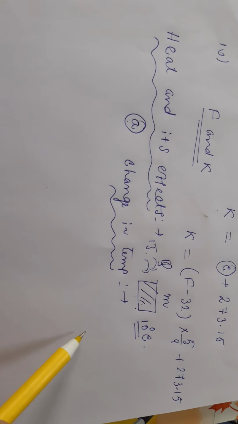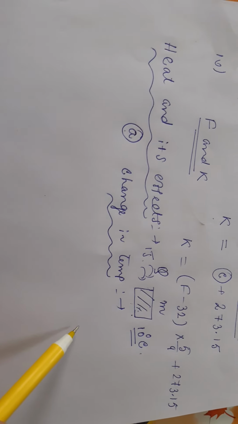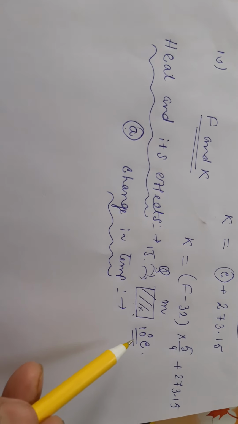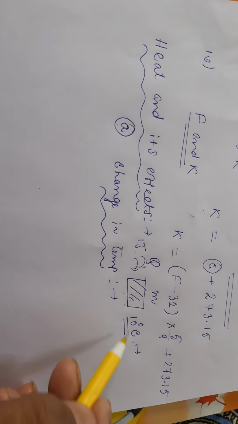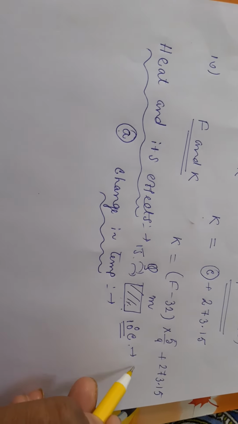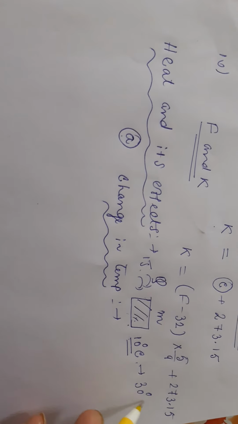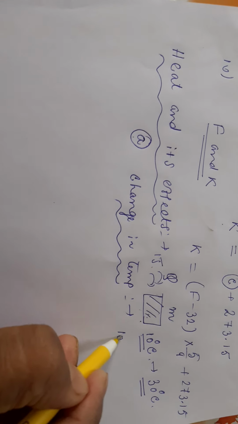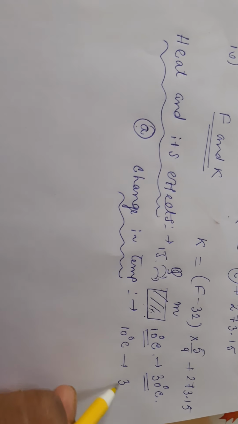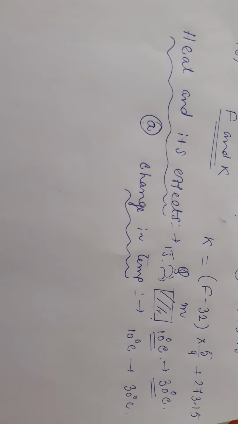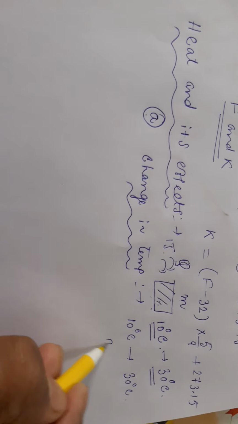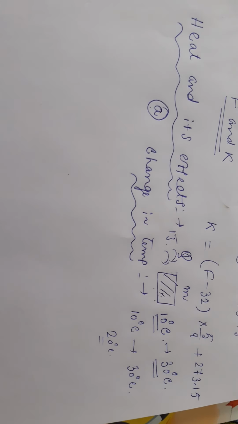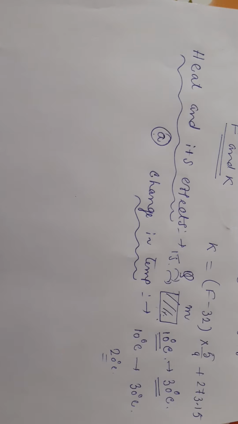Whenever heat energy is applied on a body, the temperature will rise, so it will go to 30 degrees centigrade. Clear? So 10 to 30 degrees centigrade is achieved by the body, a 20 degree change. So that is the change in temperature.